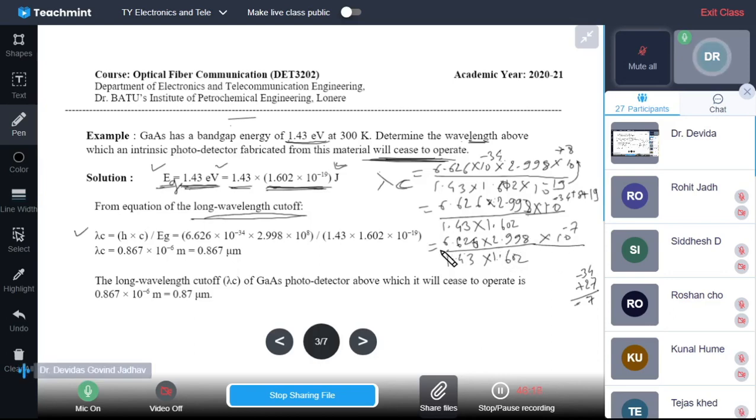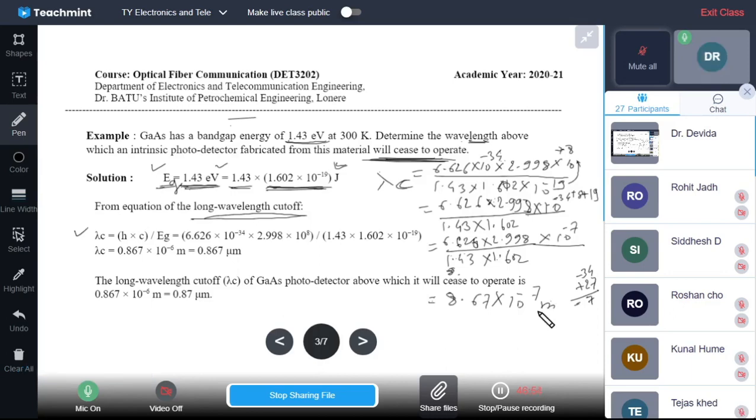Calculate 6.626 into 2.998 divided by 1.43 into 1.602, and keep 10 raised to minus 7 separately. This calculation comes as 8.67. So it is equal to 8.67 into 10 raised to minus 7 meter.